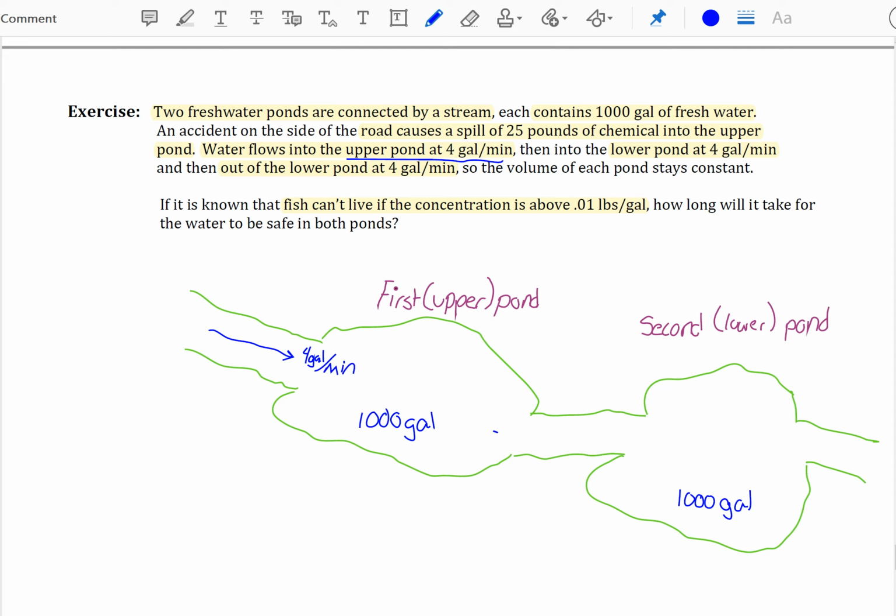And then from there flows out and into the next pond at 4 gallons per minute, and then flows out at 4 gallons per minute, so that all of the ponds have a constant volume.